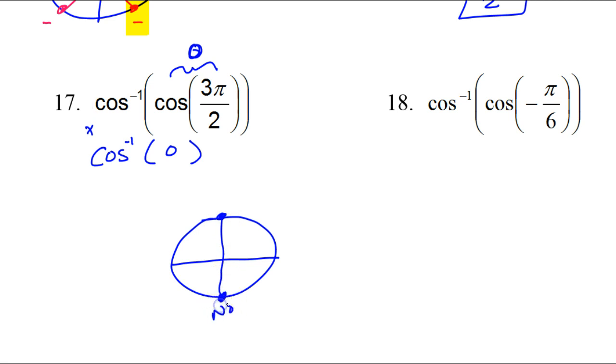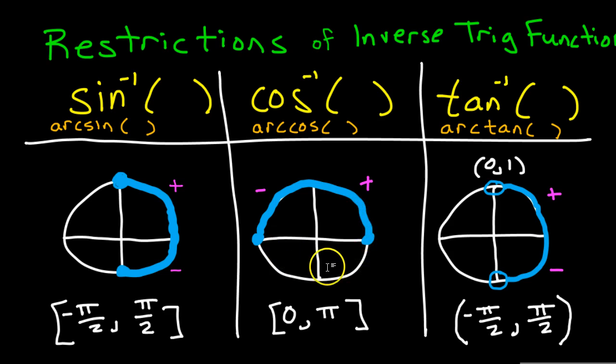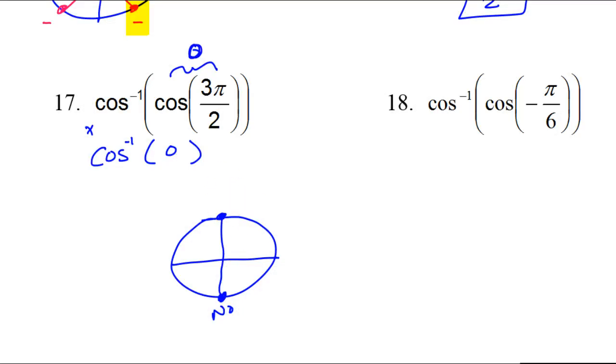We already discussed that this one's going to be a no, because it's not in the range that is defined for inverse cosine. But this one up on the top, yeah, that one's cool. So this is the one that we have to use. We're looking for an angle. What angle is this? It's pi over 2. So the answer is pi over 2.